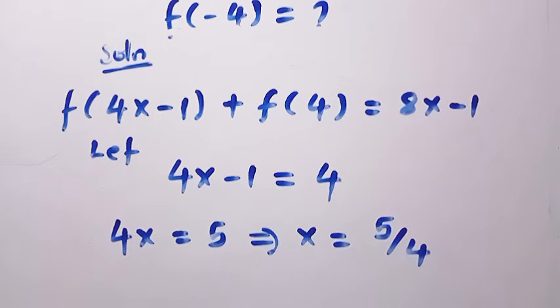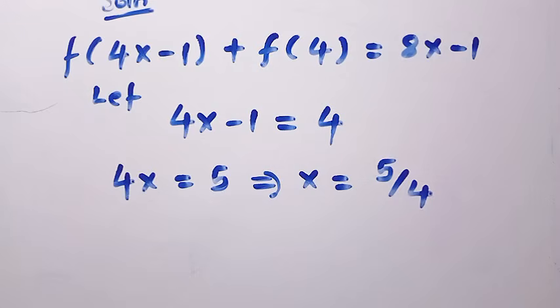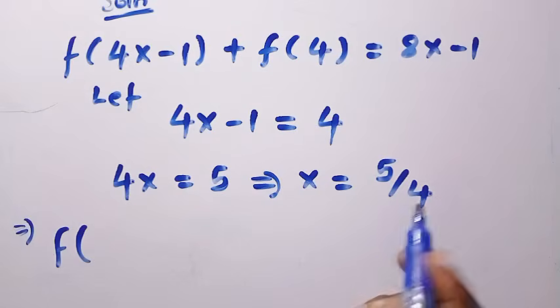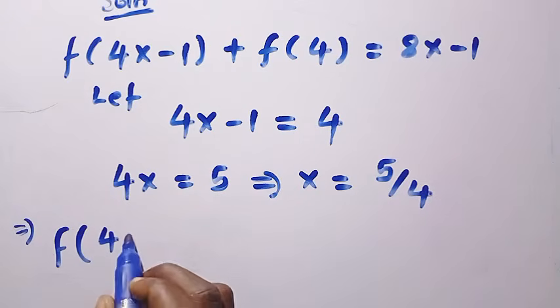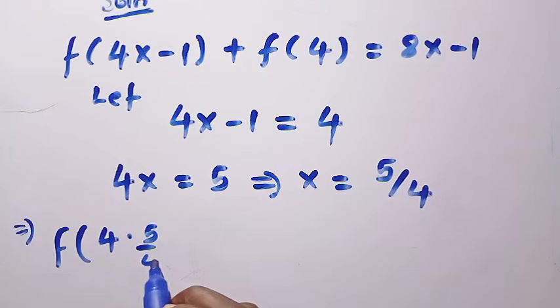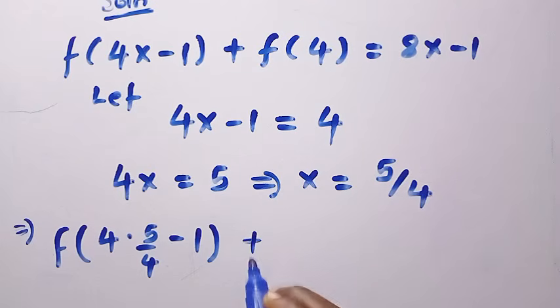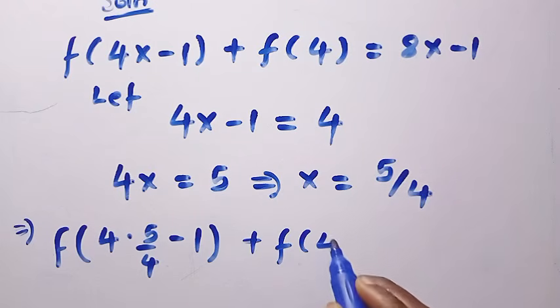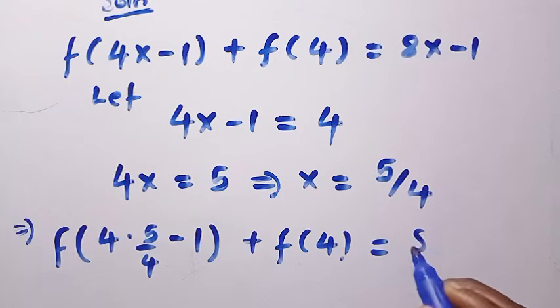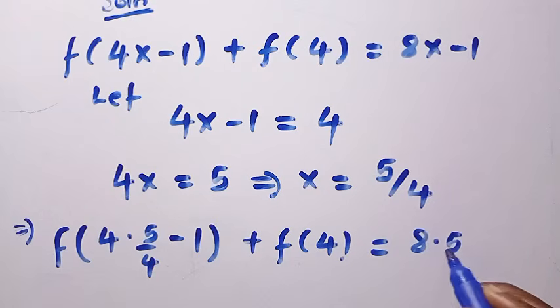And if x equals 5 divided by 4, we are going to have f of 4 multiplied by 5 divided by 4 minus 1, plus f of 4 equals 8 multiplied by 5 divided by 4 minus 1.